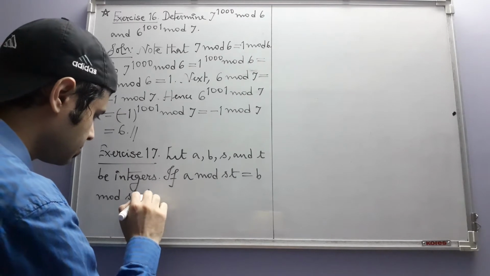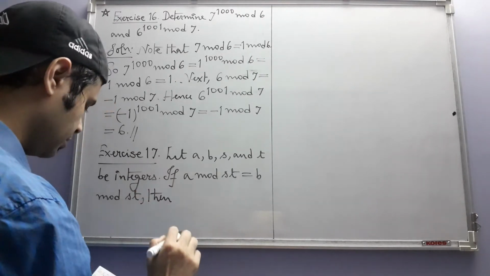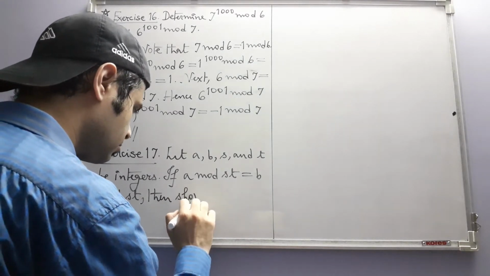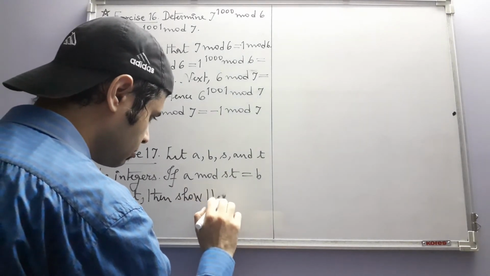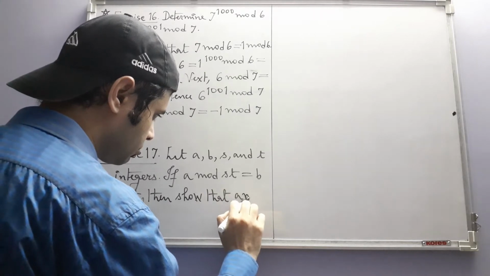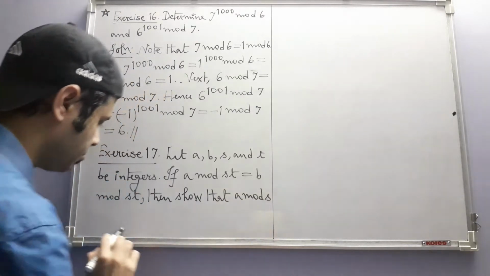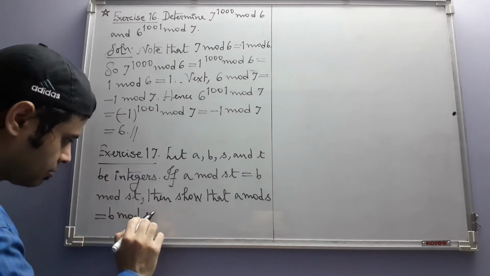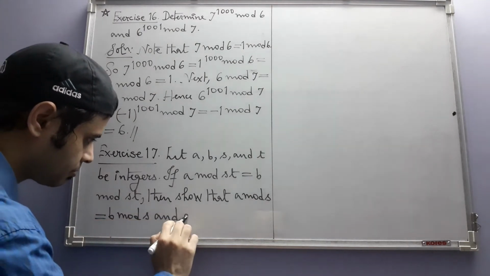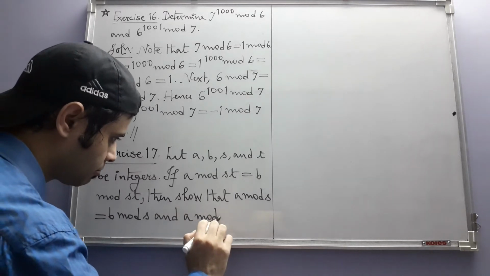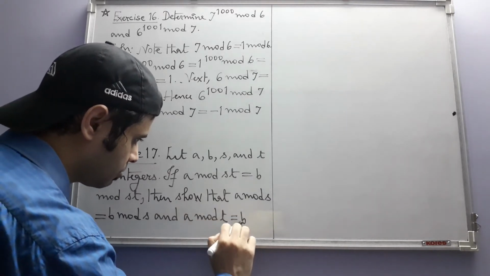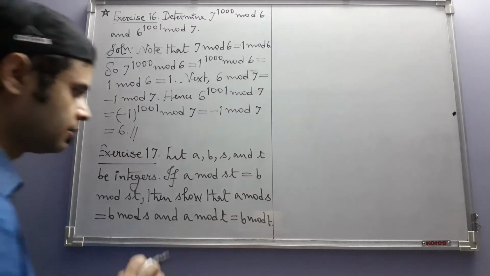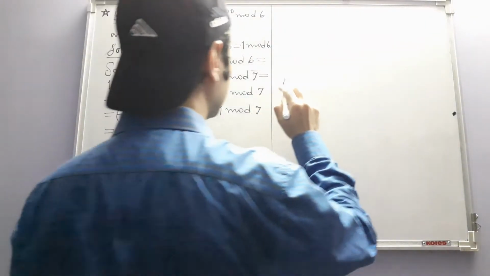If this, then show that A mod S is equal to B mod S and A mod T is equal to B mod T. This is one half of the exercise.